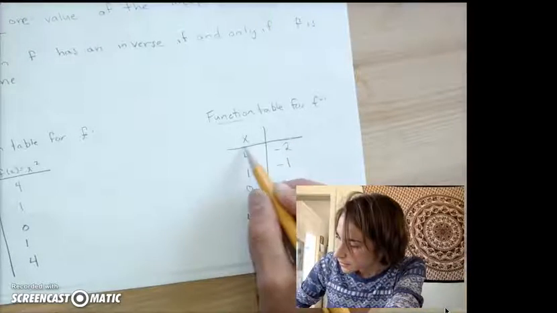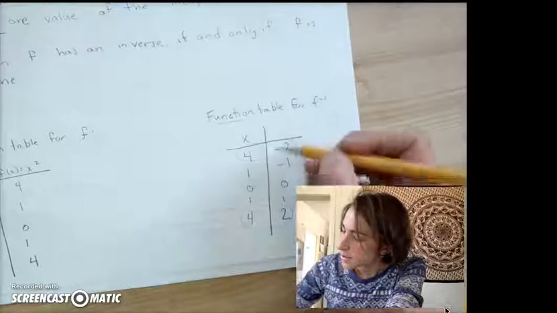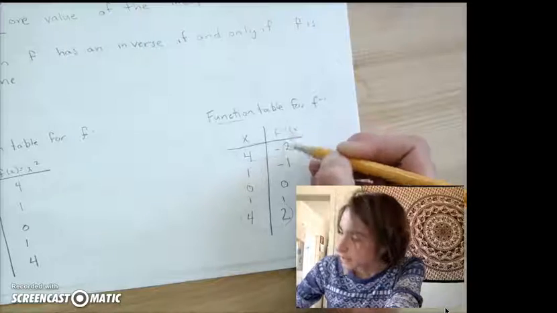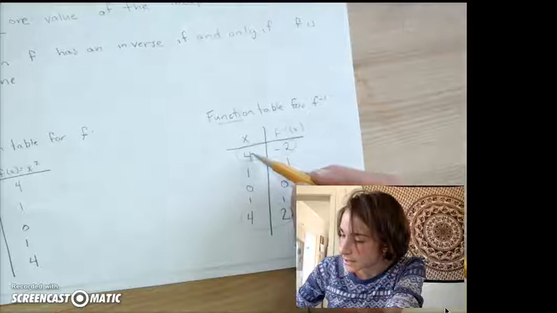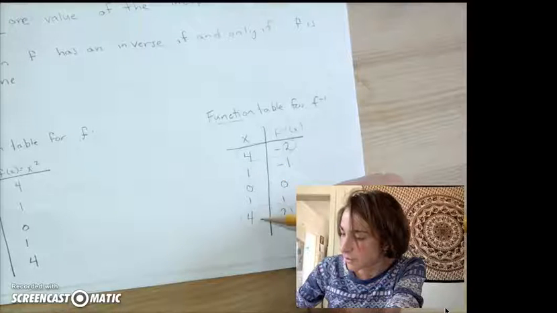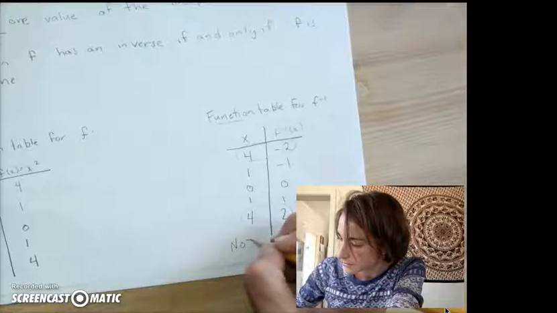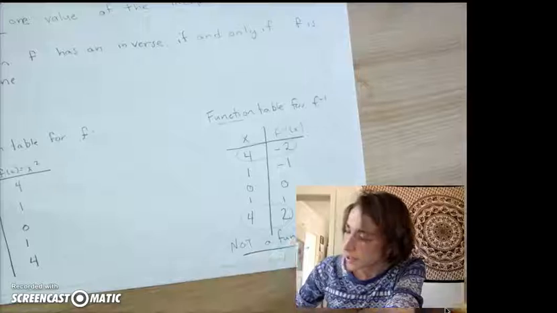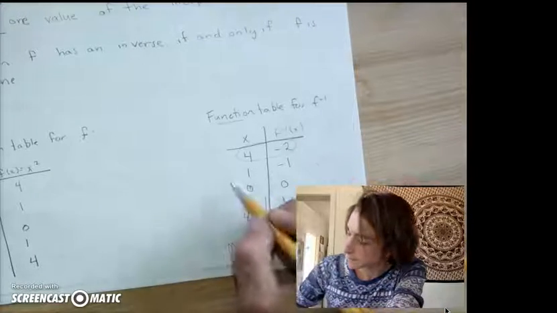So here, that's f inverse of x. Here I have a problem. This isn't a function table, because the same input value of 4 gets mapped to 2 different output values. We know that this is not a function. Unless we restrict the domain and we don't allow these negatives.